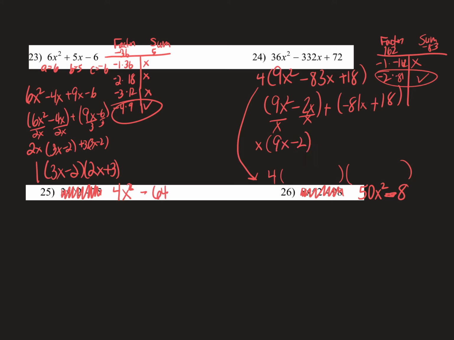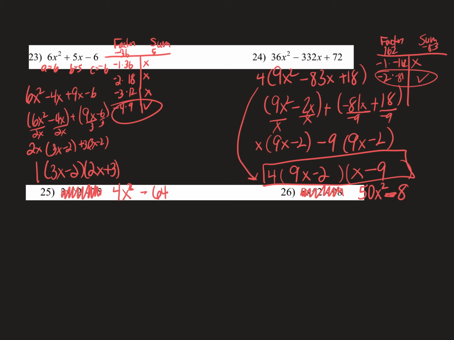The second group has negative 9 in common. Negative 9 divided by negative 9, and that would be 9x minus 2. And so it factors into 4 times 9x minus 2 times the quantity x minus 9. That's the answer to 24.